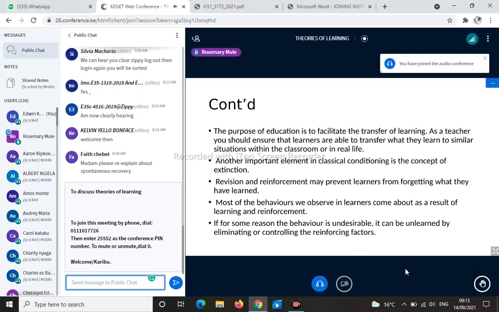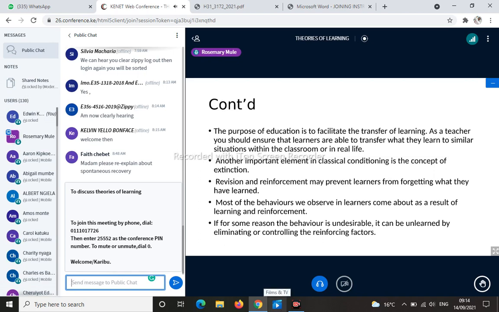And I went back and even took you back to what you learned in the introduction to psychology, how to study. So remember to keep on training your pupils on how to revise and encourage them. Encouragement is a good form of reinforcement. This will prevent learners from forgetting what they have learned.